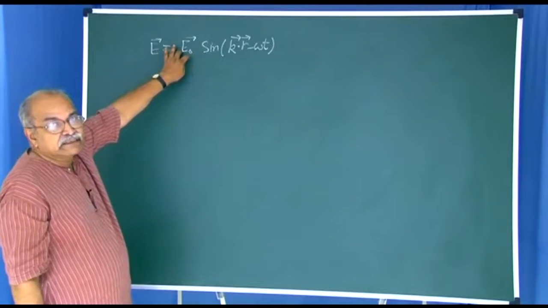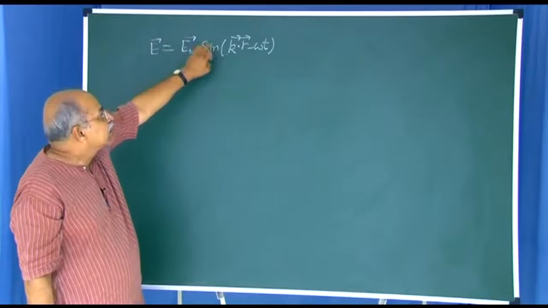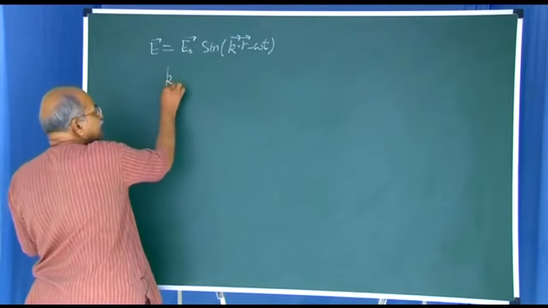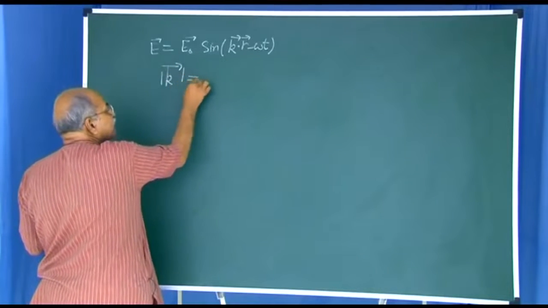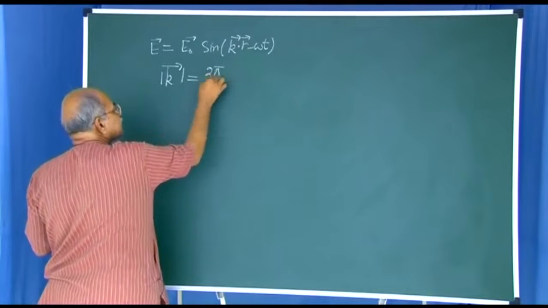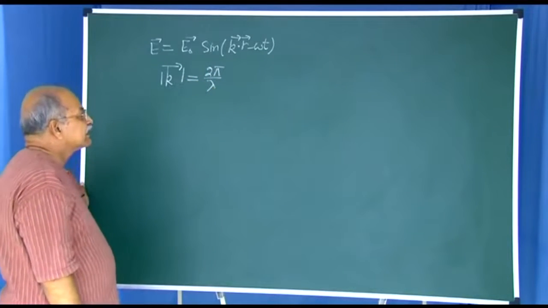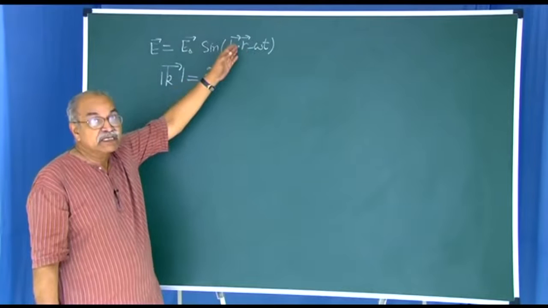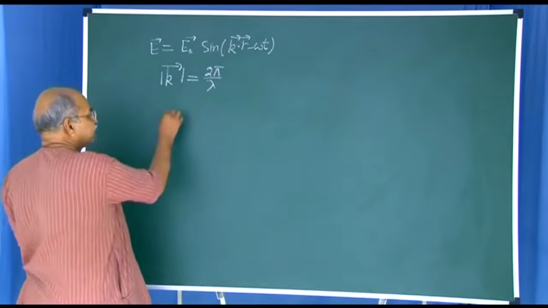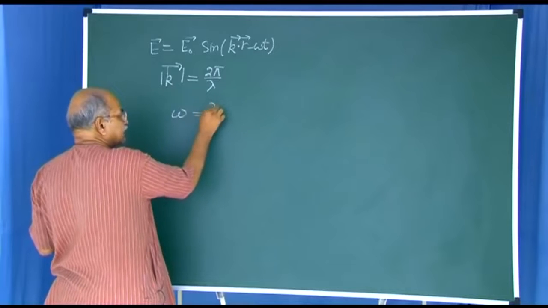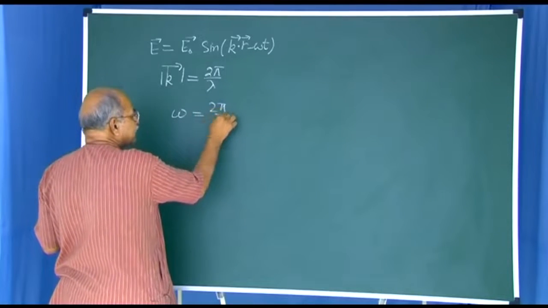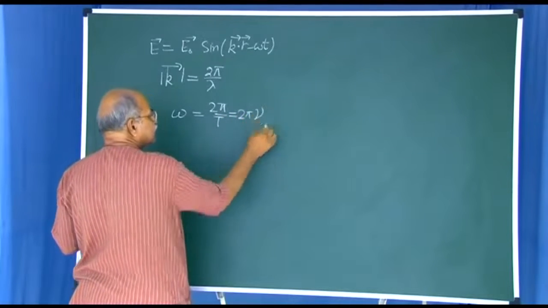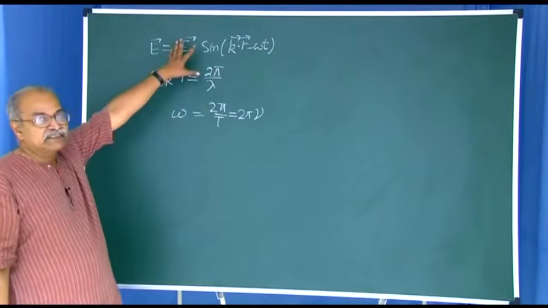This E naught is the amplitude of electric field, K is propagation vector, and the magnitude of this K is related to the wavelength, and the relation is this magnitude is 2 pi by lambda. R is the space point where this electric field is being talked about. Omega is the angular frequency related to time period, 2 pi by T, and in terms of frequency it is 2 pi times nu. So, these are the parameters.